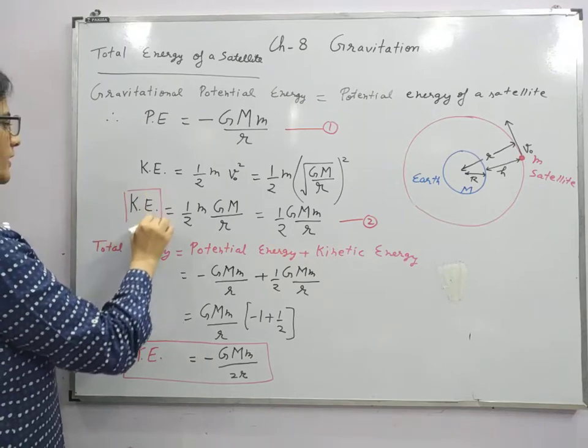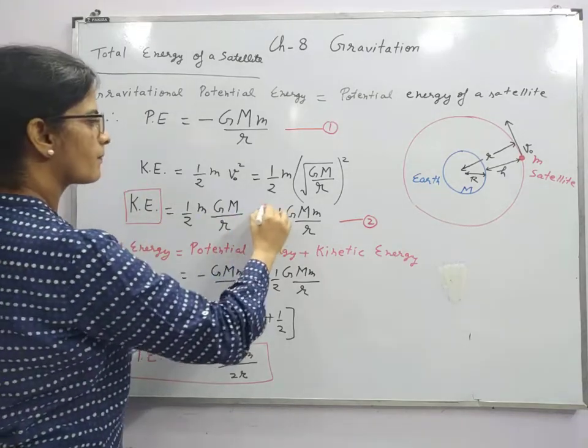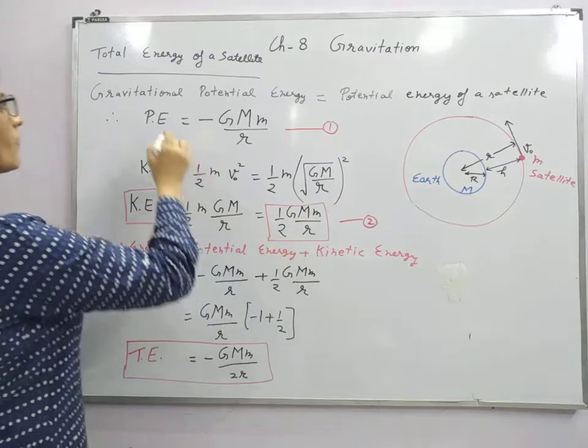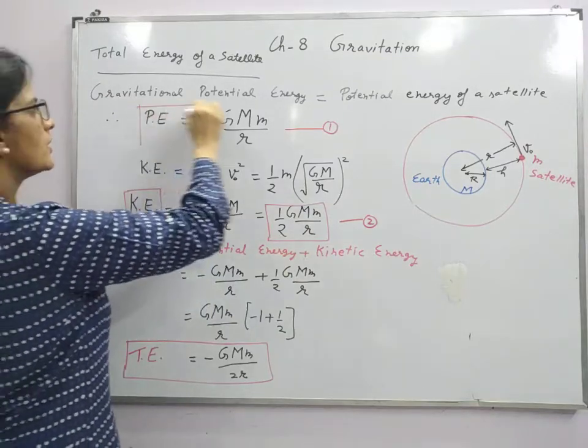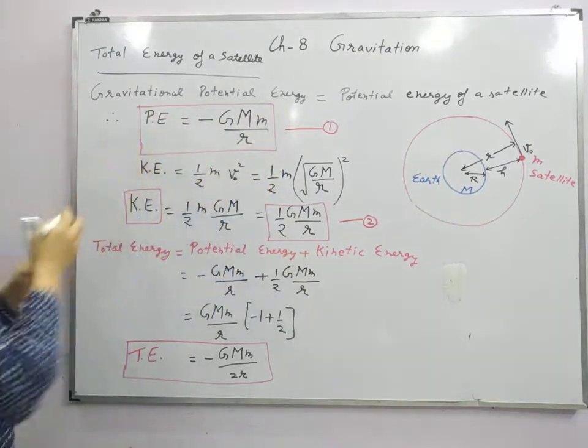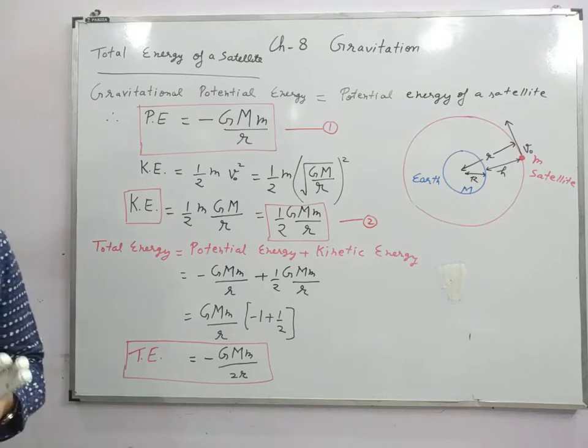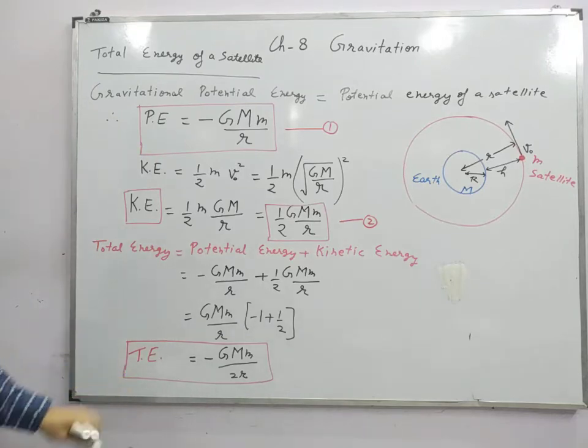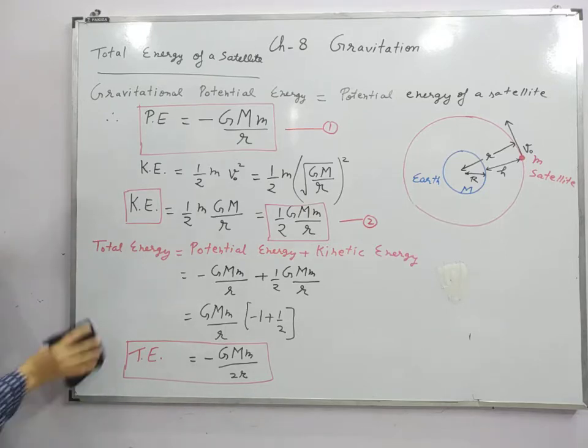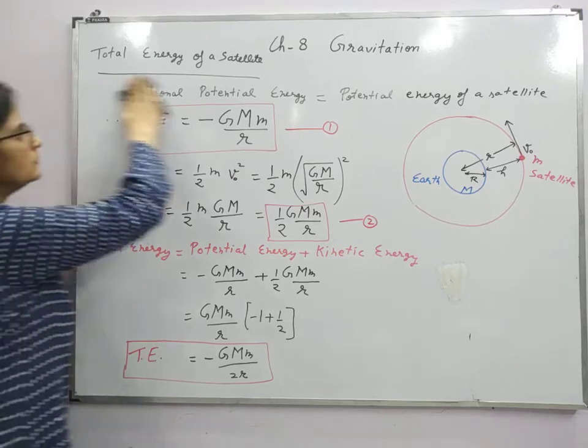This is the kinetic energy and this is the potential energy, right? So if a satellite is in the orbit, it has this much total energy.